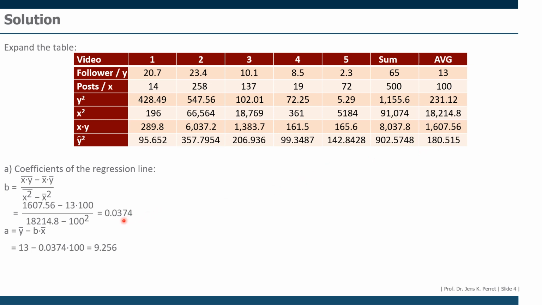Well, the slope parameter tells us if x increases by 1 unit, that's by how many units y increases. Well, here this would say 1 unit more of posts, this many more units of followers.